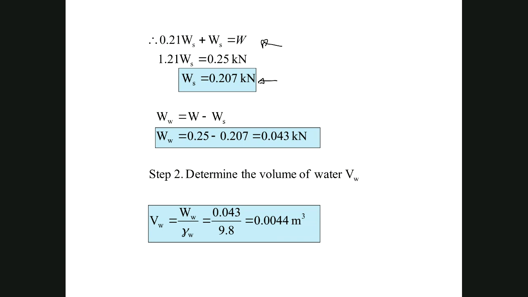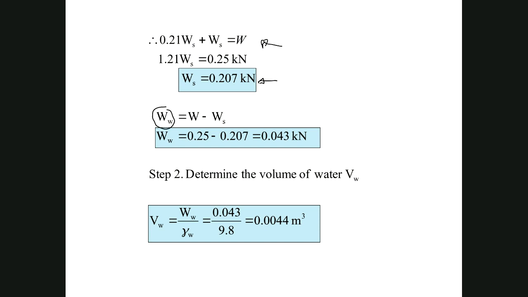Okay, this is simple math. I'm not sure how simple it is to you, but this is something you should probably know how to do. So I'm not going to talk about these mathematical procedures. I'll talk about some mechanics things. Once we know weight of solids and the total weight, we can find weight of water.